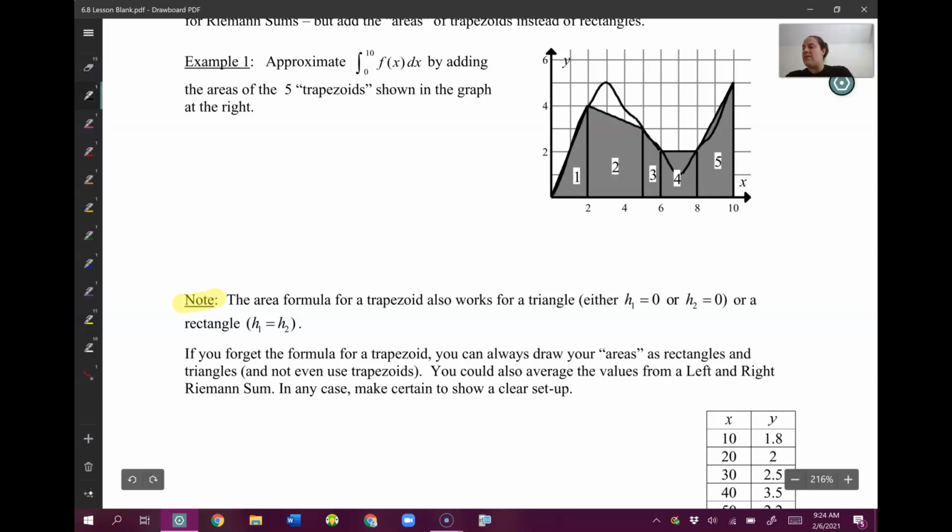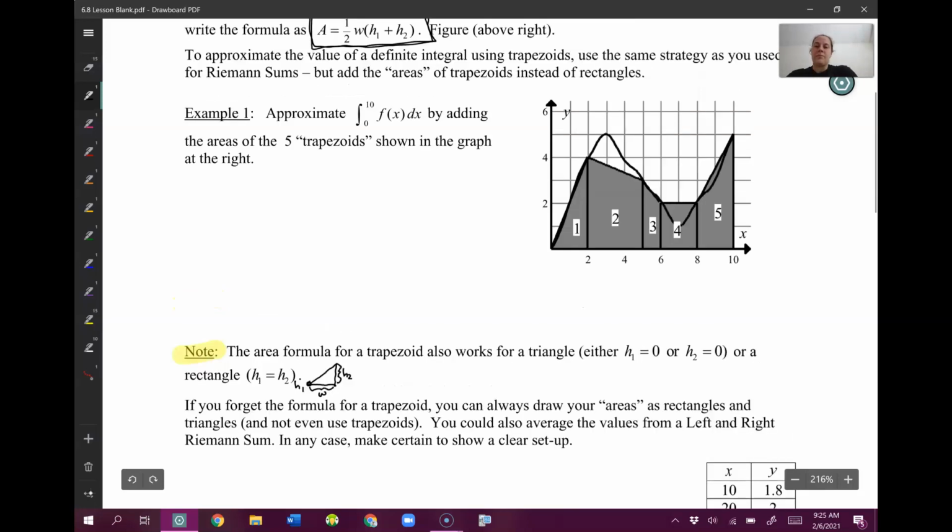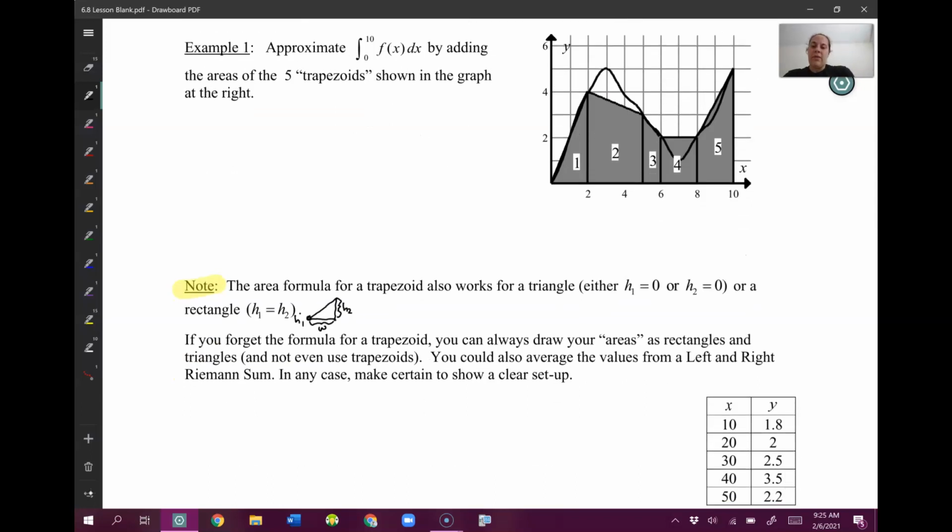So let me show you this. Let's say I have a triangle right here. This is my width. This is my H1, and this is my H2. So if I look at doing this formula, 1/2 times width times H1 plus H2.